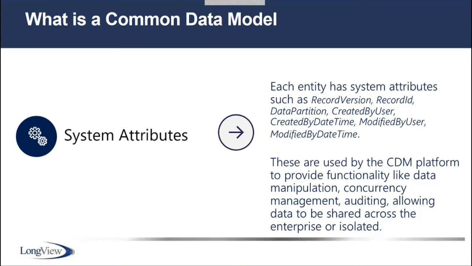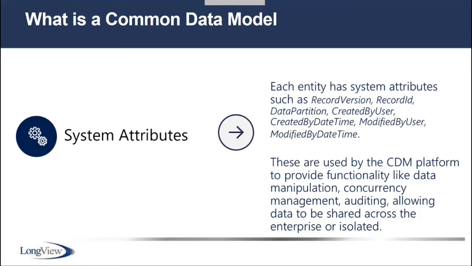The great thing about the common data model is our system attributes, our properties, type fields, versioning, owners, access, modification dates, and a bunch of other things that help us maintain our data integrity and auditing and other purposes are shared across the entire organization if we want, or can be isolated.